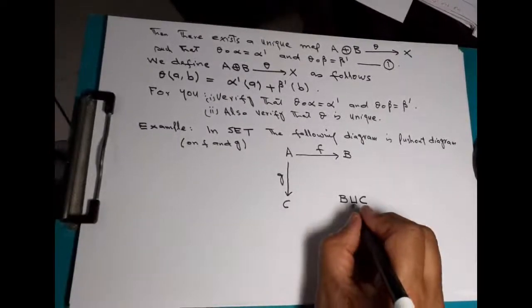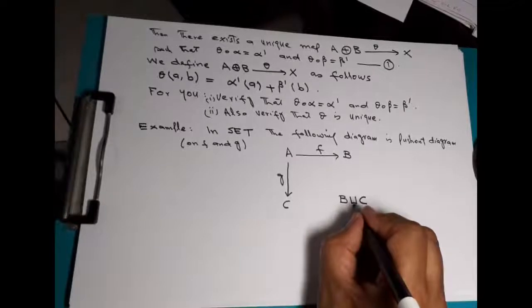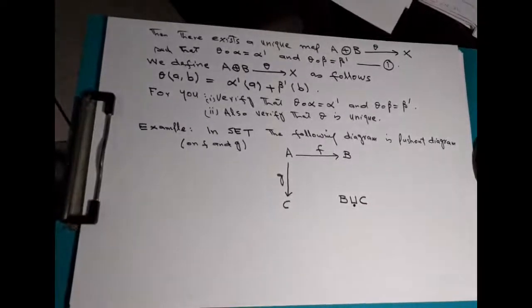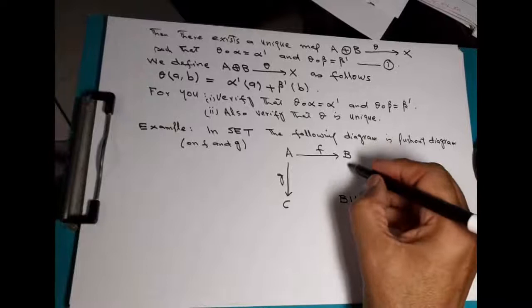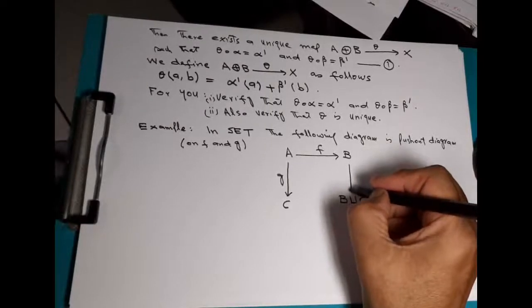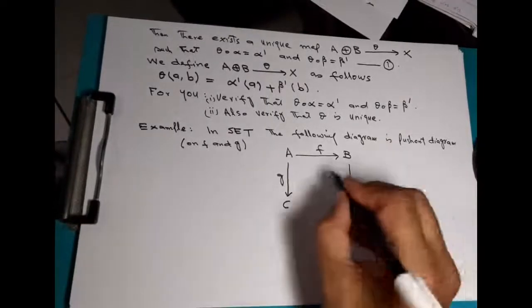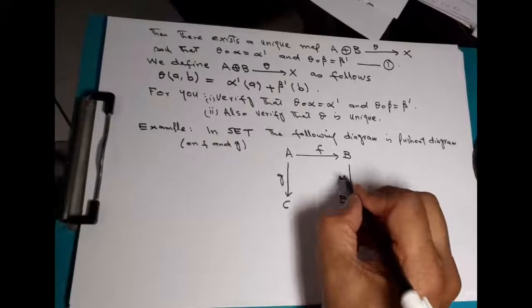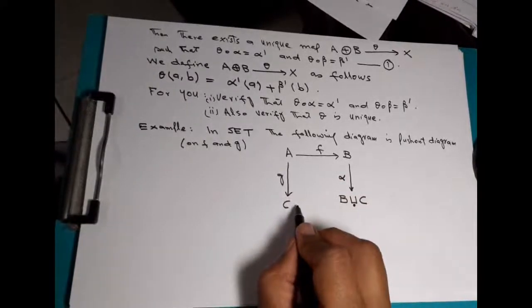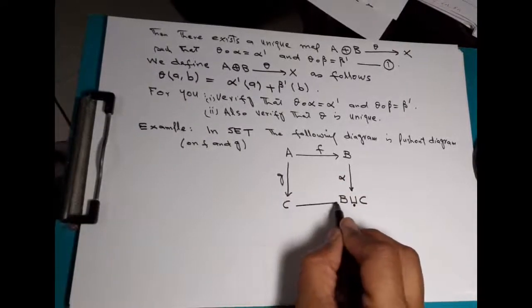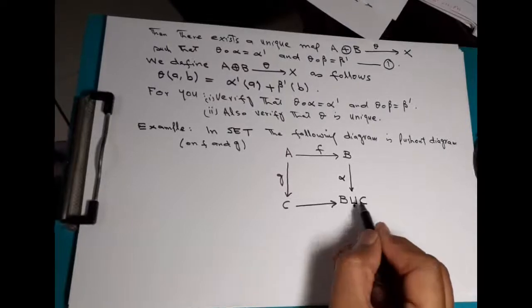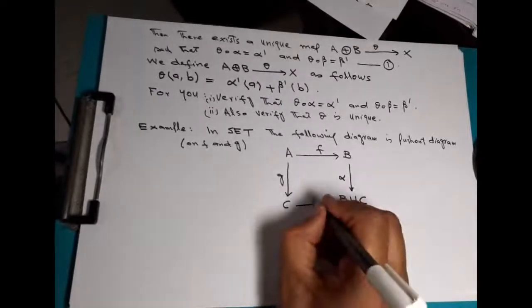So just to emphasize, I am going to put a dot here. So this is a disjoint union, but a bit more than that. I will tell you what this means. So we have a map from B to this disjoint union, call it alpha, and a map from C to this disjoint union, a bit more than disjoint union anyway, call it beta.